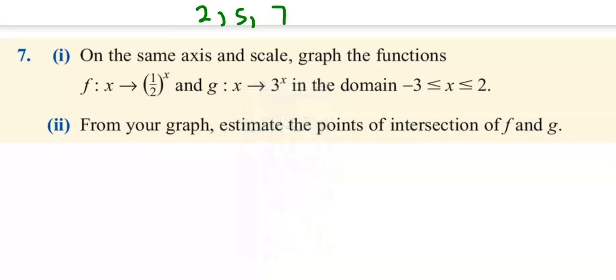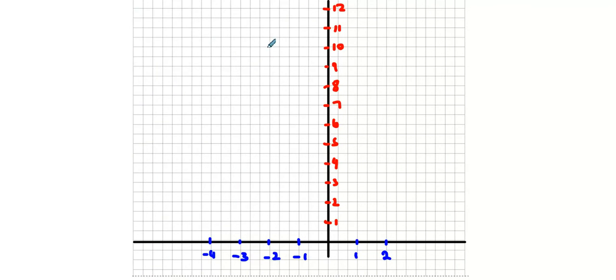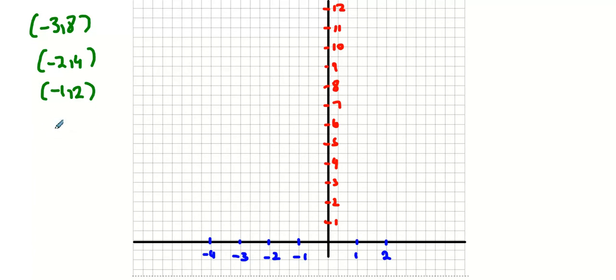Okay, so let's get that down here and see what we can do. So we got -3, 8. We got -2, 4. We got -1, 2. We got 0, 1. We get 1, 0.5. We get 2 and 0.25.